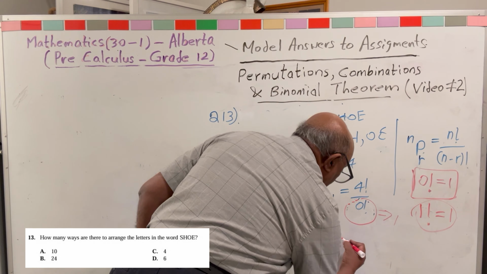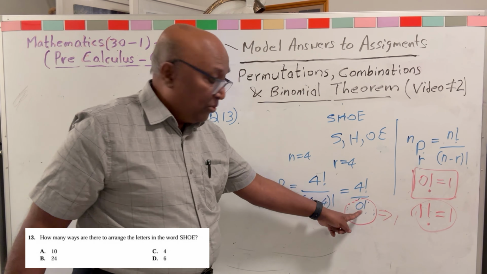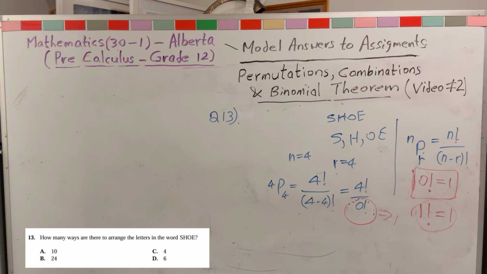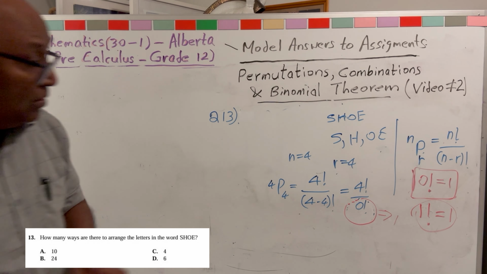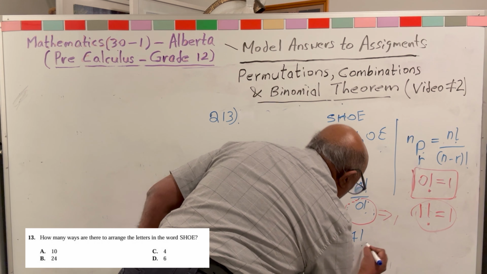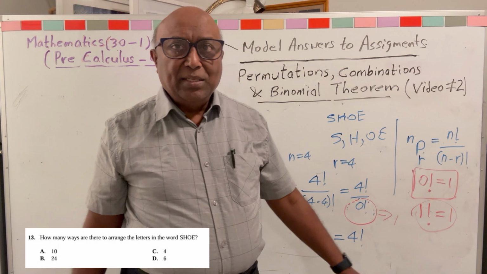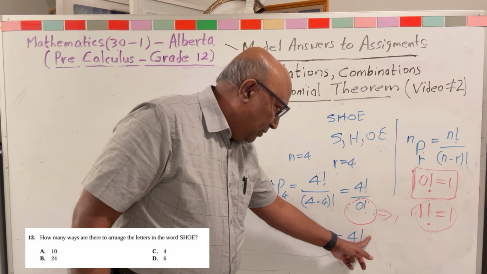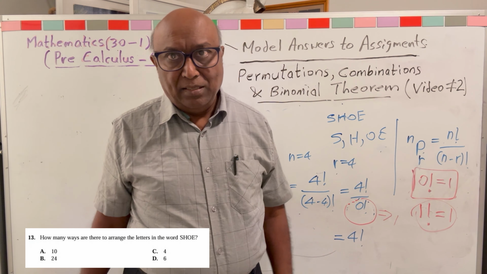Okay, now what's the answer? Factorial 4 upon 1, that is factorial 4. If you are using the graphing calculator, using the math button, you can calculate this directly.